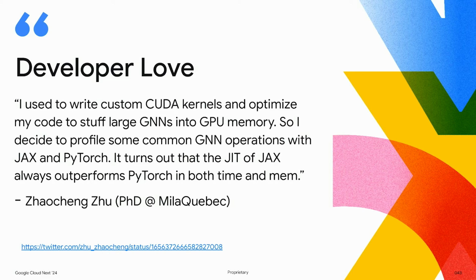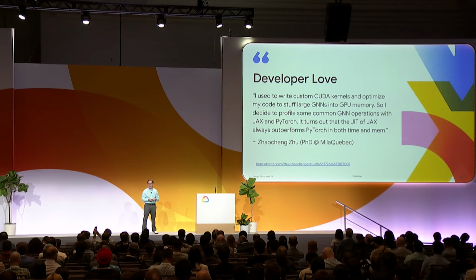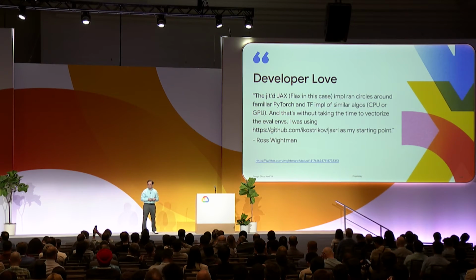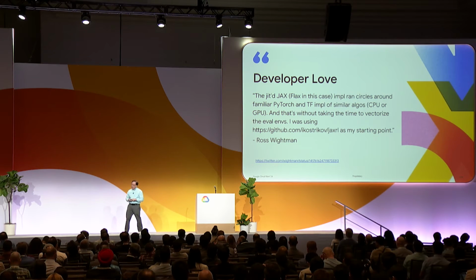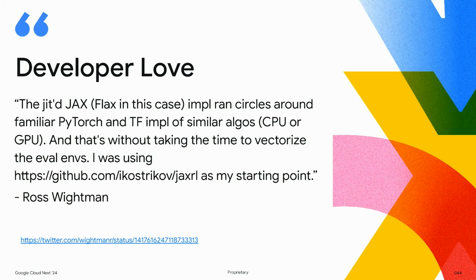He's working with GNNs, and he moved his operations into JAX and discovered that the performance was much better than he was seeing in another framework. Similarly, Ross Whiteman saw that JIT-JAX, in his words, ran circles around his familiar code in another framework.